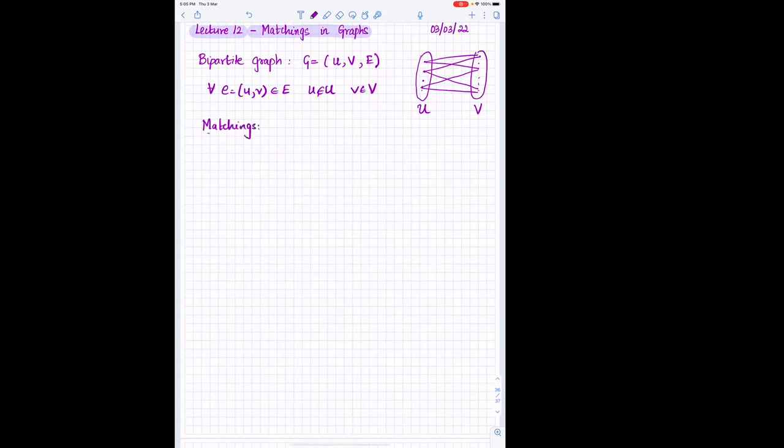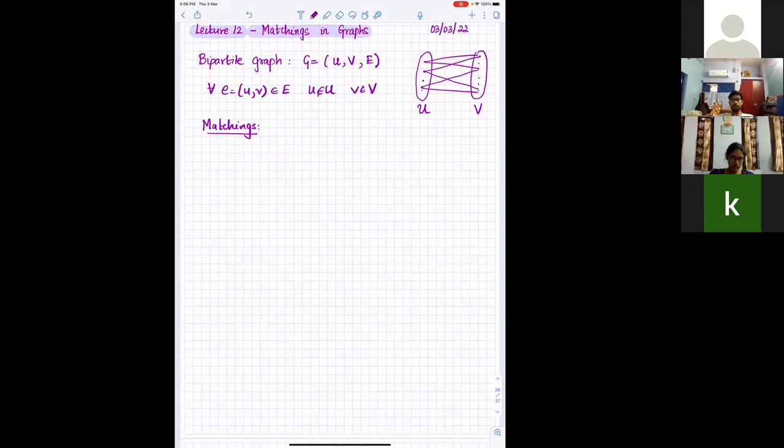Okay. So generally, if you look at certain applications in computer science or even in mathematics, you have these kinds of allocation questions, right? So what kinds of questions are these? For example, you may have people on one side, and on the other side you have jobs.